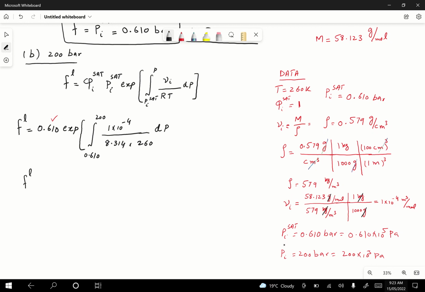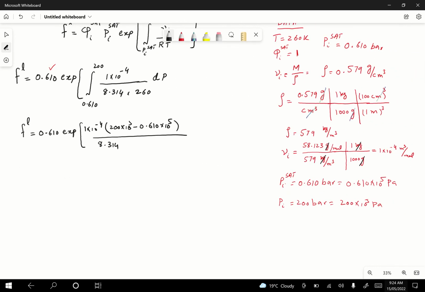So fugacity of liquid becomes 0.610 exp of 1 into 10 to raise power minus 4 times (200 into 10 to raise power 5 Pascal minus 0.610 into 10 to raise power 5 Pascal) pressure over 8.314 into 260 Kelvin.